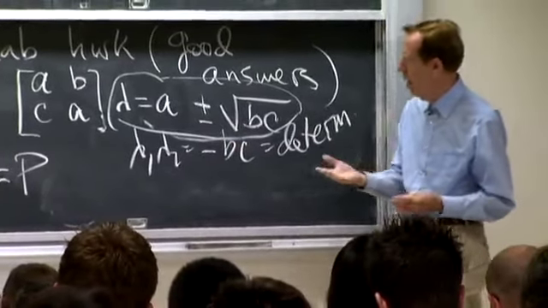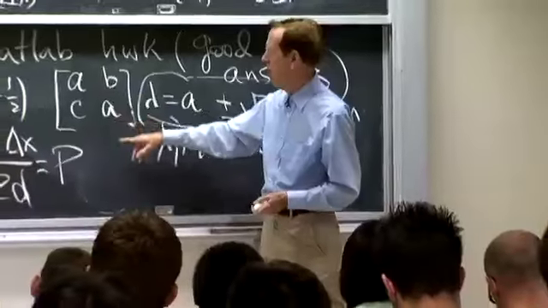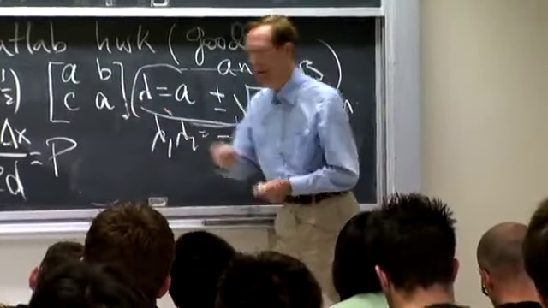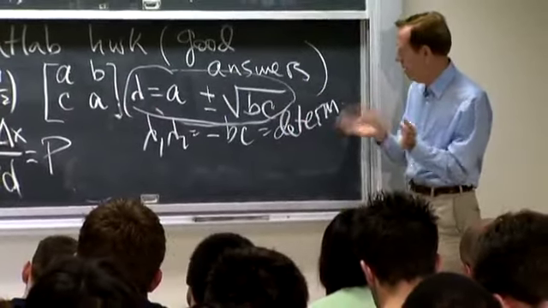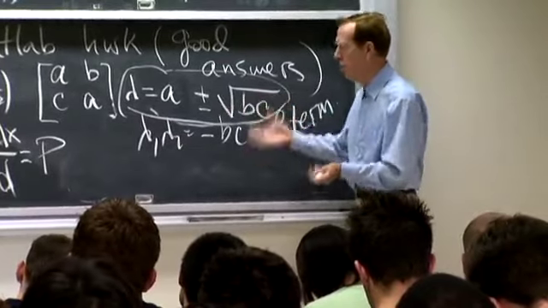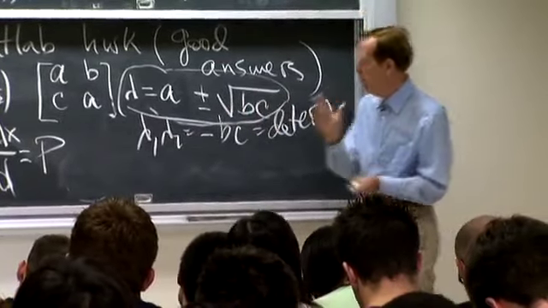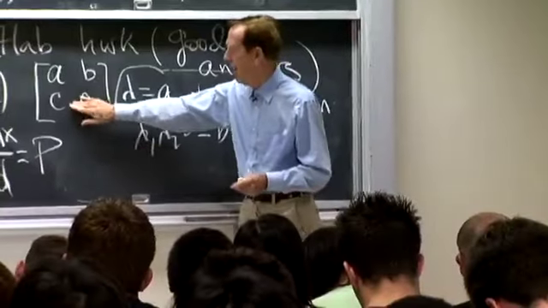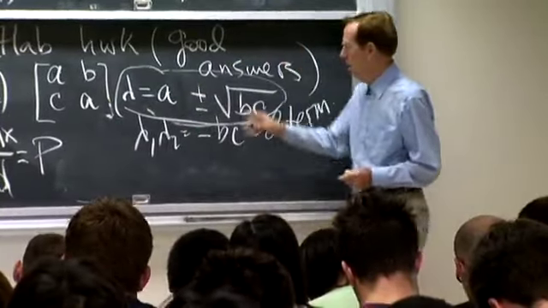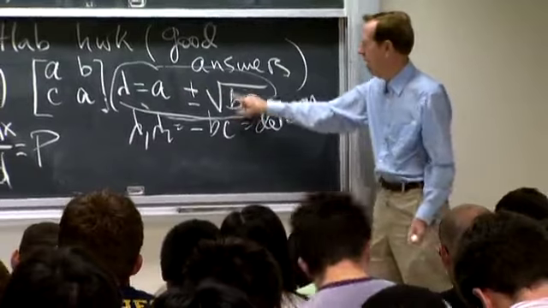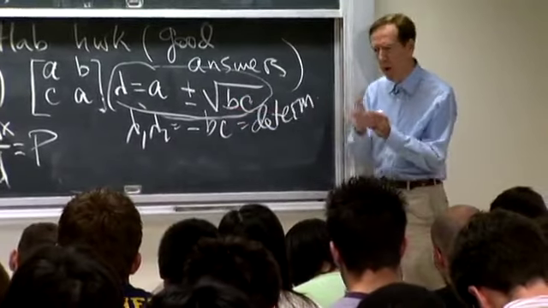The eigenvalues are real when B and C have the same sign. If B and C have the same sign, I have a square root, no problem. When B and C have opposite sign, I'm taking the square root of a negative number and I've gone complex.